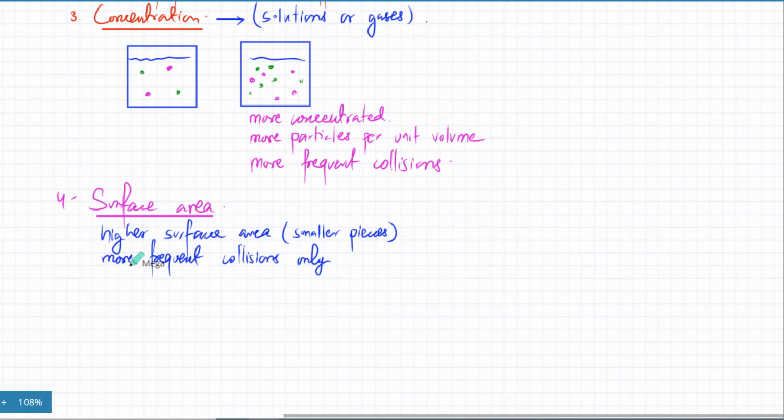And the last one, number 5, is catalyst. What does a catalyst do? A catalyst does not increase the frequency of collisions. It just makes them more effective. Like you still have 100 collisions, but now the collisions are way more successful.